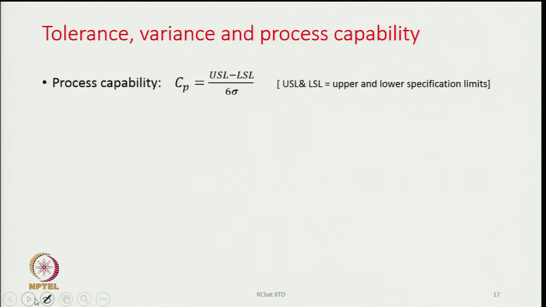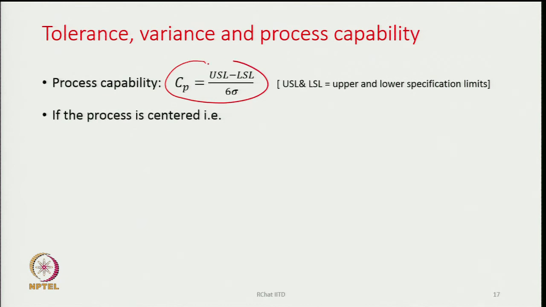So, total variance and process capability we also need to understand a little bit. Process capability is judged in terms of this parameter called Cp. How is the capability of the process judged? USL minus LSL divided by 6 sigma, where USL and LSL are the upper and lower specification limits that have been provided by the customer.